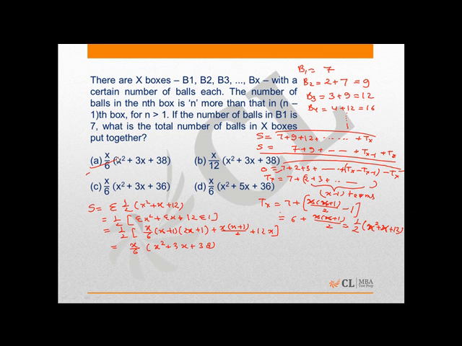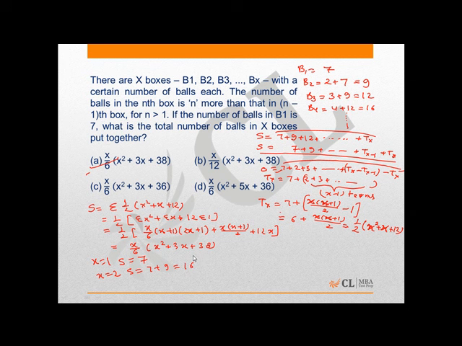Right. Now there is a shortcut here. It is given that the first box has 7 balls. So that means when you put x equal to 1, S should come out to be 7. Similarly, when you put x equal to 2, S will come out to be 7 plus 9, which is 16.